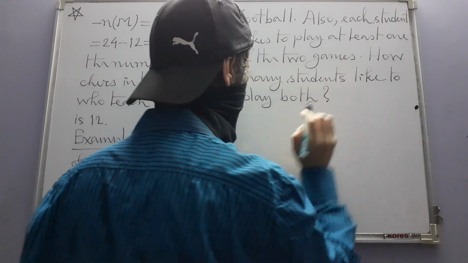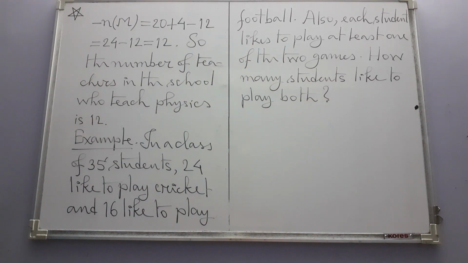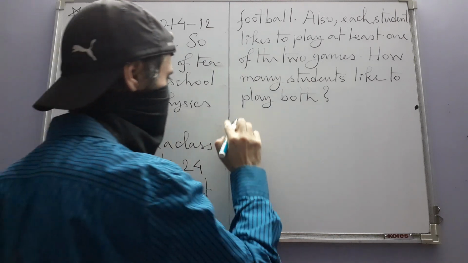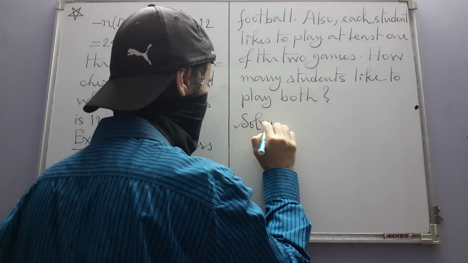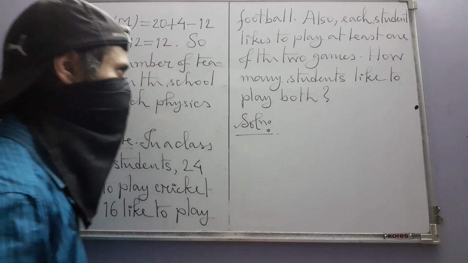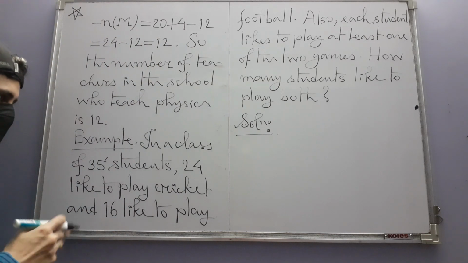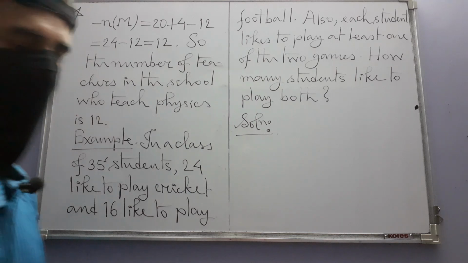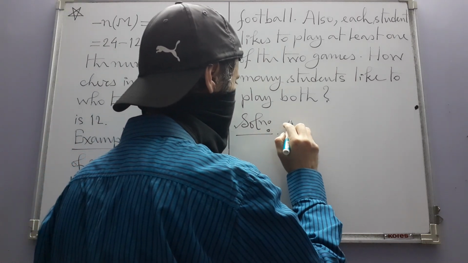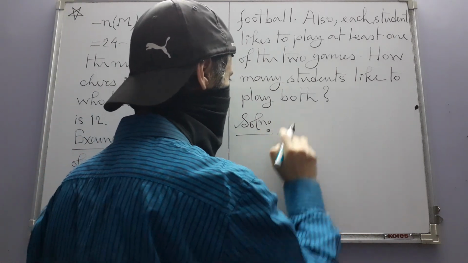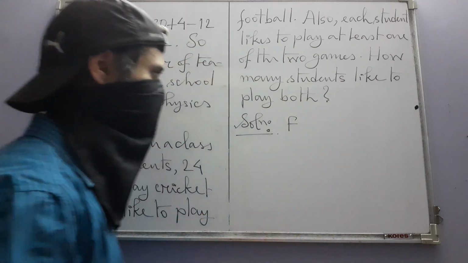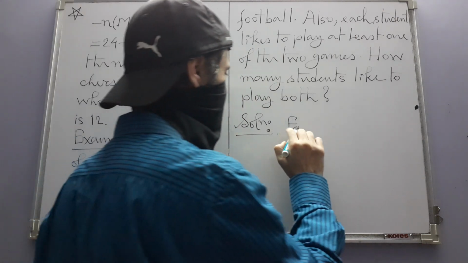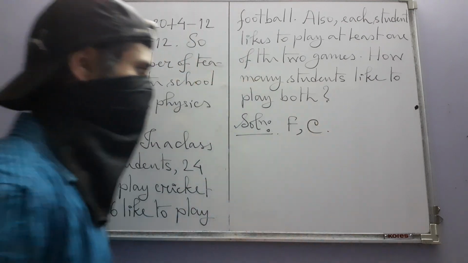It's a question. Okay, so as I said, I'm going to be very brief. I won't write almost anything, and I will just simply say, let the set of students who play football be F, and let the students who like to play cricket form the set C. Cricket was mentioned first, but it does not matter.